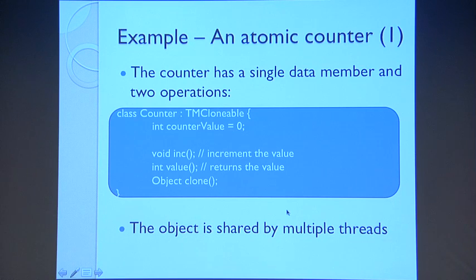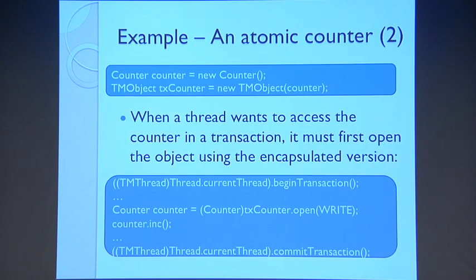And this object is shared by multiple threads. How is it done? When you create stuff in Java, you need to use the new keyword. So we can create a variable called counter with a small c. This basically says, OK, I'm going to create a new counter. And I'm going to use the wrapper, the TM object, on our counter. Let's call it tx counter.